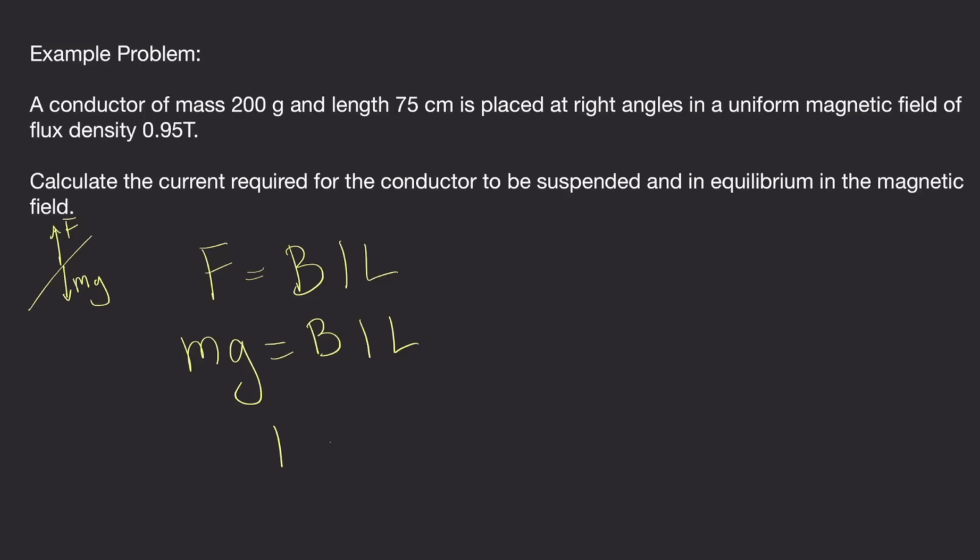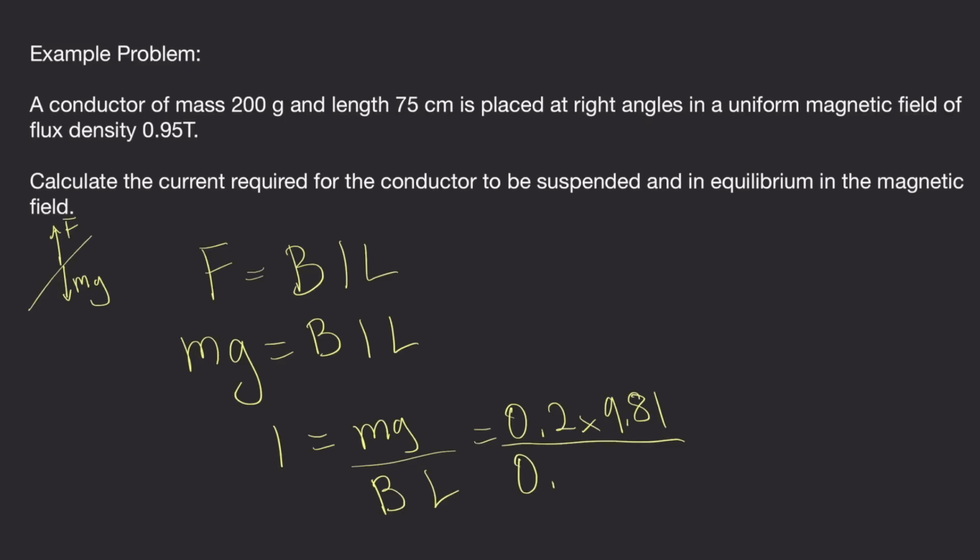So this here will be equal to BIL. We're just looking for the current, I, which is just going to be mg divided by BL. Okay, so 200 grams is equal to 0.2 kilograms multiplied by 9.81 divided by the flux density, which is 0.95, and then we are given the length in centimeters, so let's put that as 0.75 in meters.